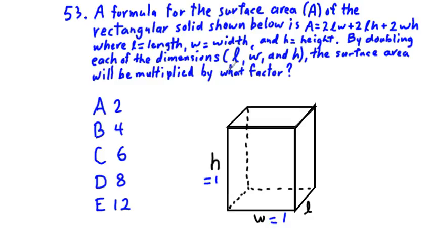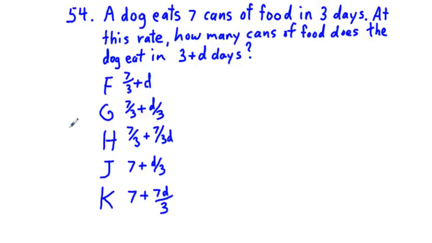And next, if we change that to 2, I'm going to do that in red, we have 2 times 2, that's 4. So doubling the linear dimensions of each side is going to increase the area by a factor of 4. Now, if you happen to get a problem like this that has to do with volume, it would be a factor of 8, because you'd have to multiply that length by 2 again. So just look out for things, be aware.